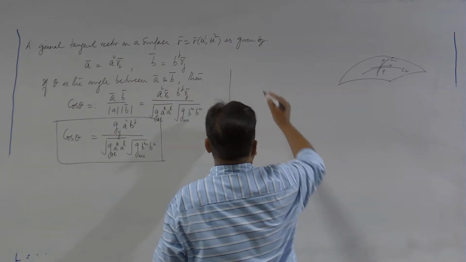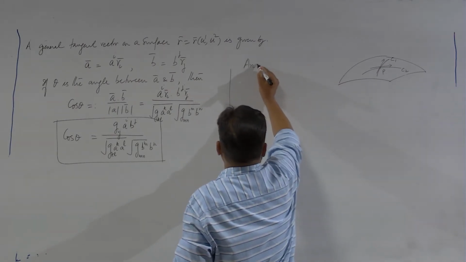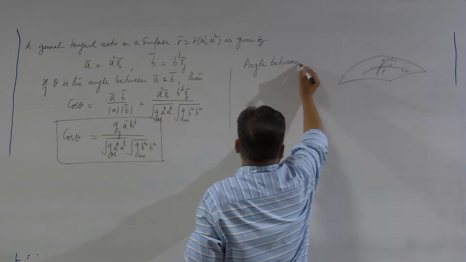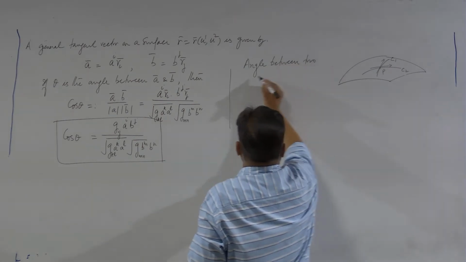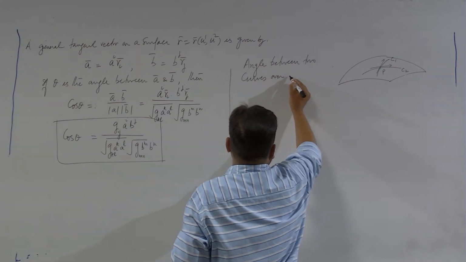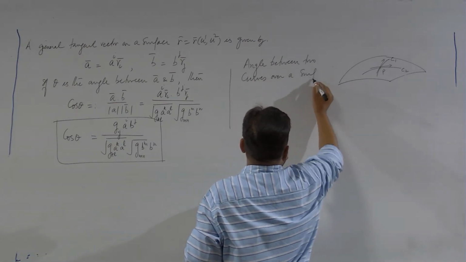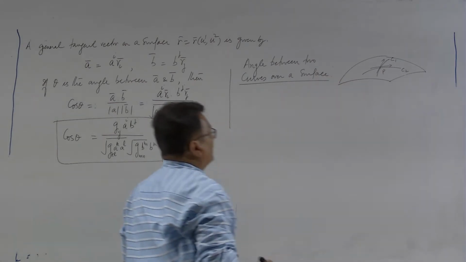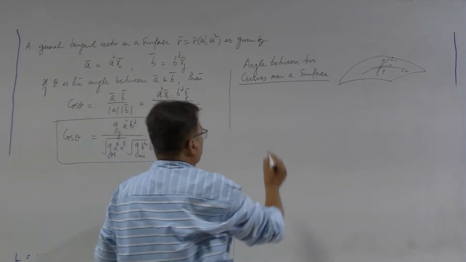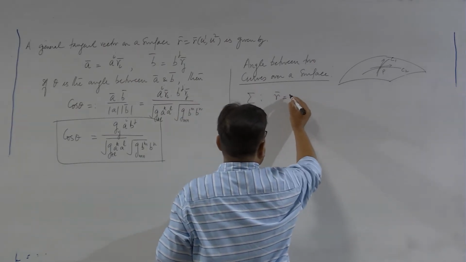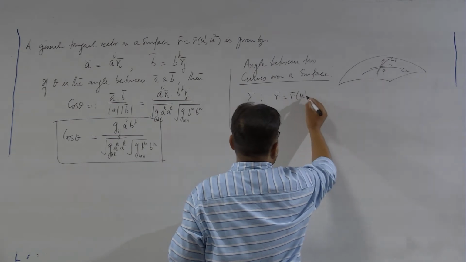So, the angle between two curves over a surface. So, as usual I am taking my surface as sigma with parametric representation r equal to r of u1 u2.